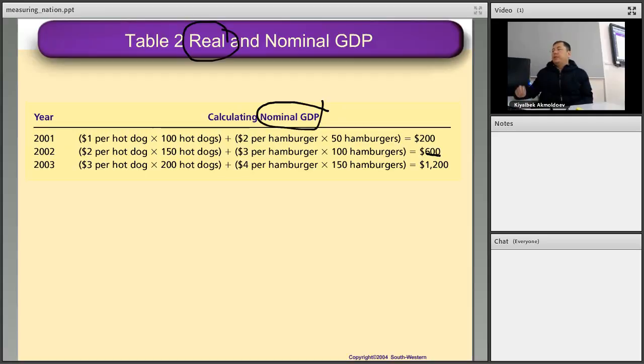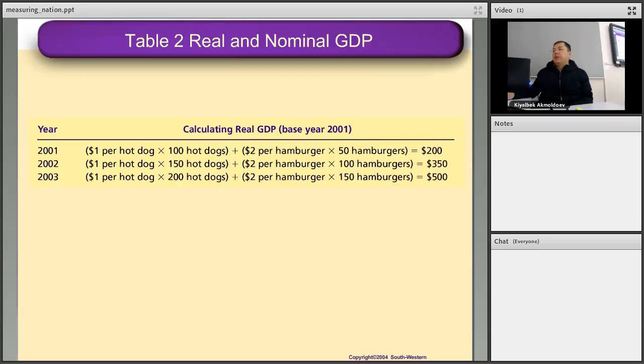But what is important for us is to find real GDP, how much quantity of goods and services was produced, not the price effect. To understand real GDP, we need to take the price effect off and take the base year's price. We will take each year's price only as constant to see how the quantity has changed.